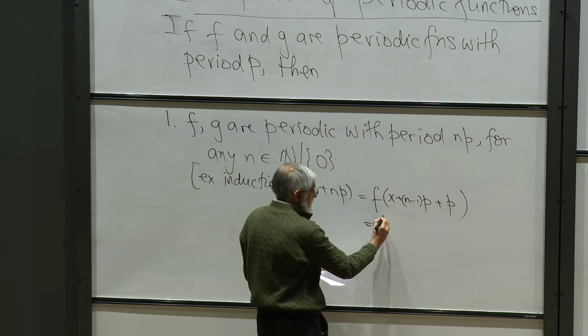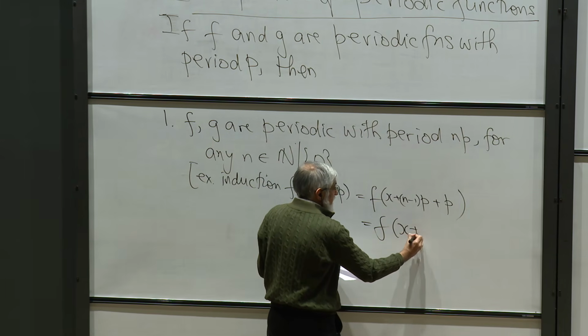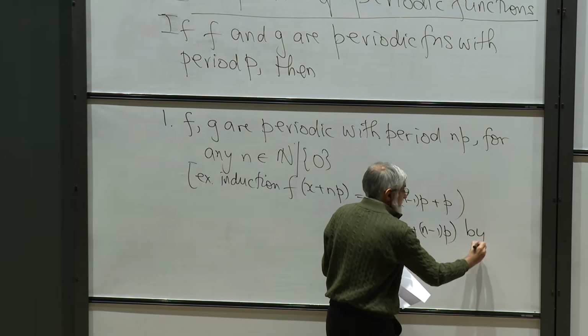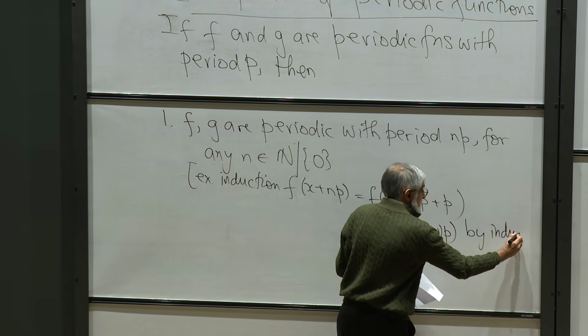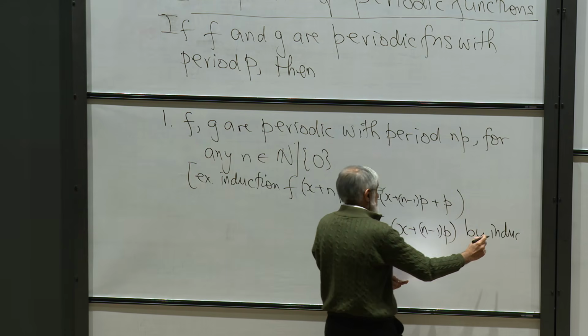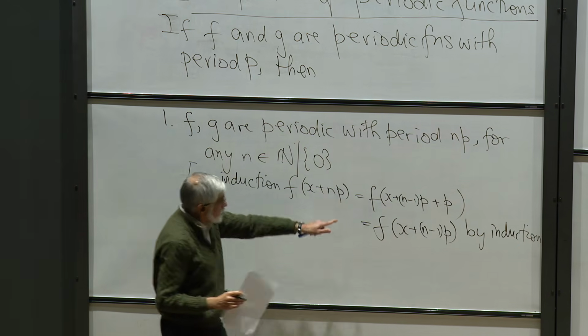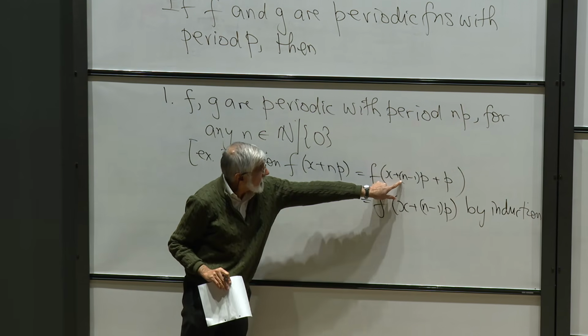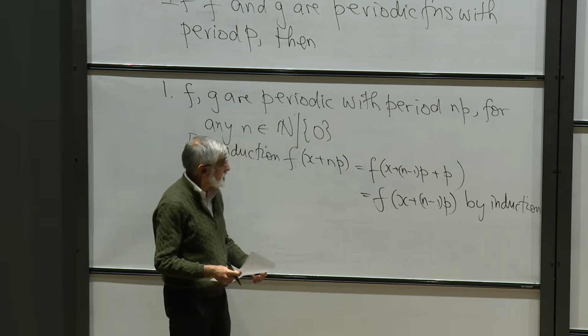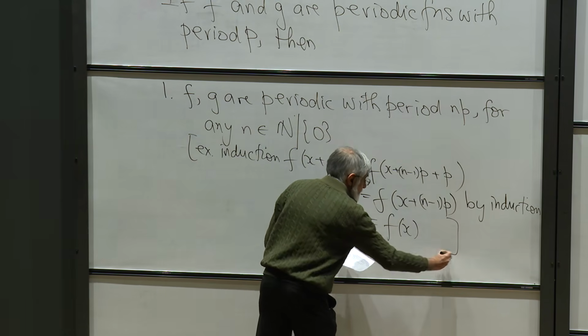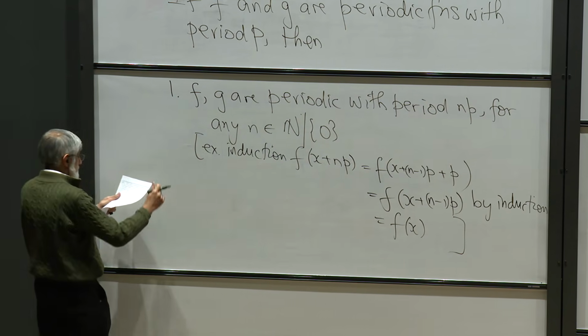By induction, that becomes f of x plus n minus 1 p, because we're assuming that it holds for n minus 1 p, and then that's f of x. So leave you to fill in the details.